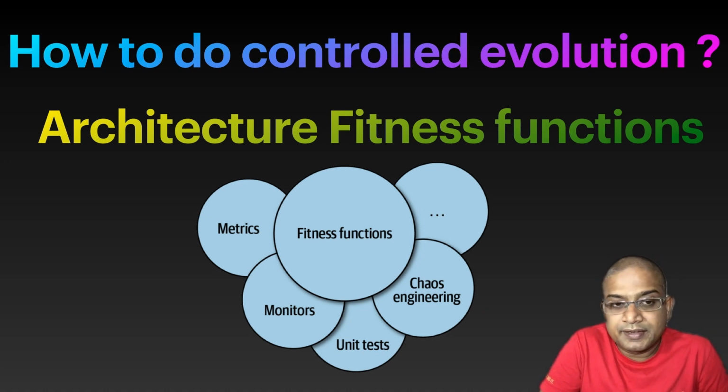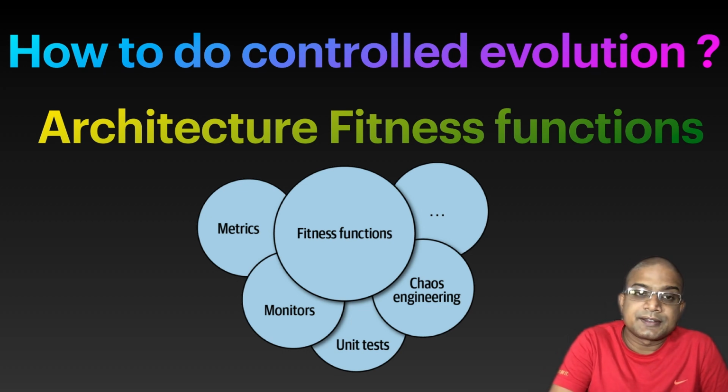There are a lot of metrics that you can use. I'll be doing a totally different video about evolutionary architecture and fitness functions. But for the time being, we have to have metrics, we have to have monitors, and unit tests play a major role, as does chaos engineering, and there are many other things you can use as architecture fitness functions.